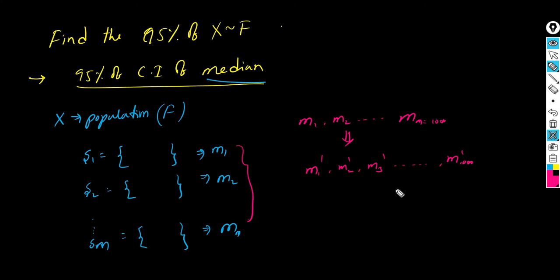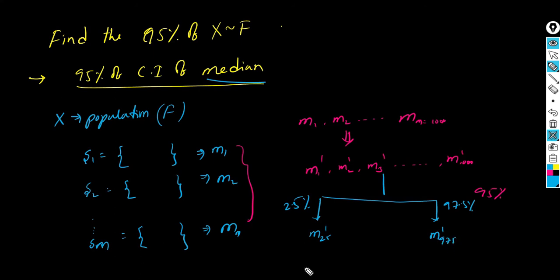If you want to find the 95% confidence interval, here we will take the 2.5 percentile value and the 97.5 percentile value. Here the 2.5 percentile value is M dash of 25 and the 97.5 percentile value is M dash of 975.